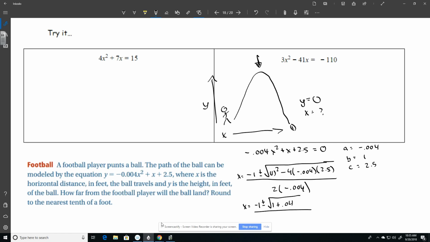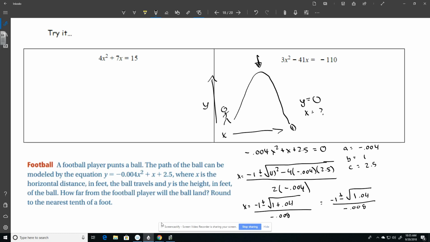And all of that is divided by a negative 0.008. All right, so I have negative 1 plus or minus the square root of 1.04 divided by negative 0.008.